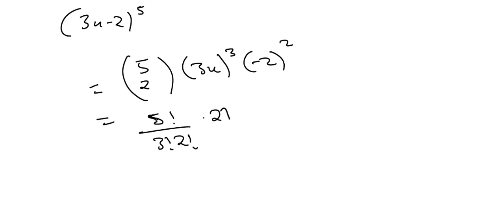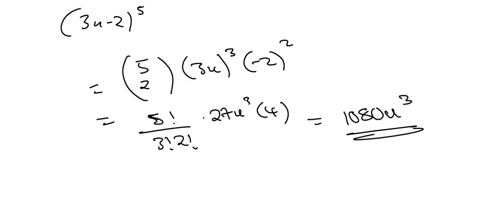This is 27, u to the power 3, and this is 4. The answer for 5 choose 2 should be 10. Then 10 times 27, times 4. So it's going to give us 1080u to the power 3. So this is the third term that they wanted.